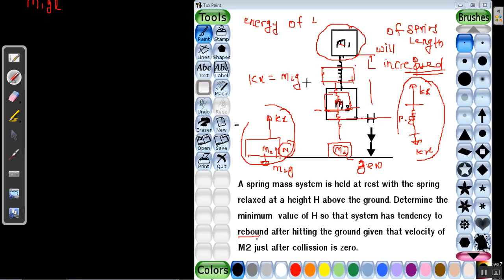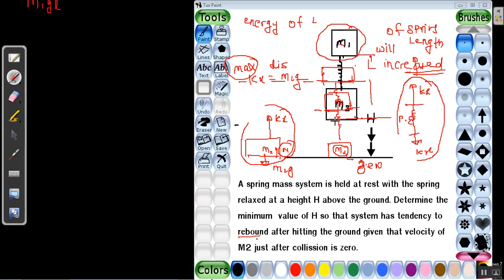This position is the maximum displacement from the natural length position. So we have to calculate what the potential energy is at this point.